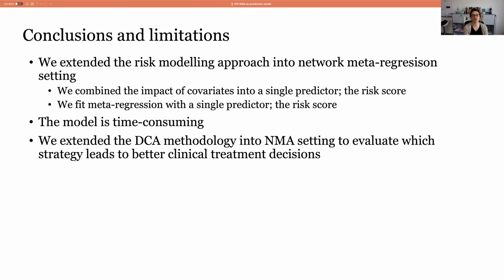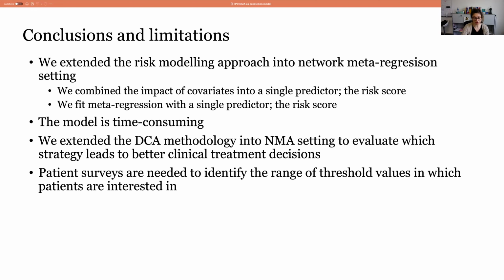The model is unfortunately time-consuming altogether because of these two stages. And we also extended the DCA methodology into a network meta-analysis setting to evaluate whether the model, or which strategy in general, leads to better clinical decisions.